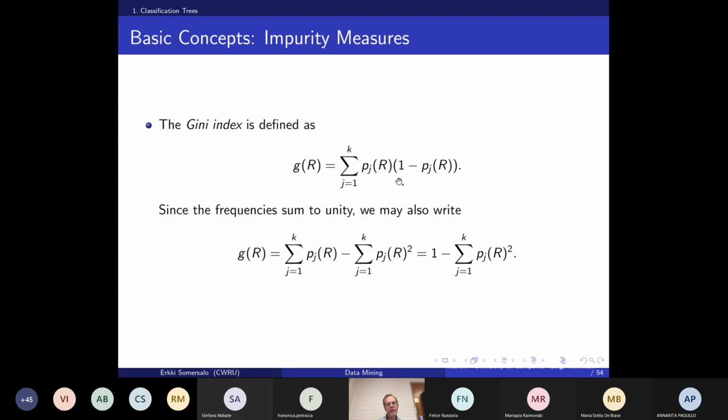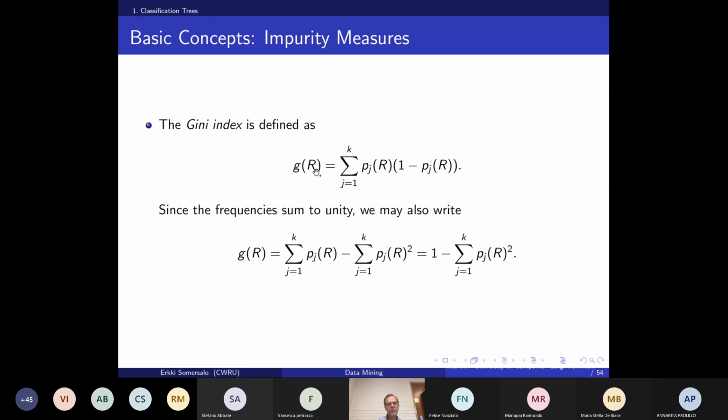And if you have, let's say, two classes and a 50-50 situation, then Pj is 1/2 and 1 minus Pj is 1/2. So the Gini index takes on the value of 1/4. And actually this 1/4 is the largest value that the Gini index in a two-class situation can have.